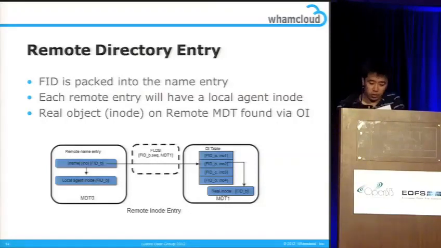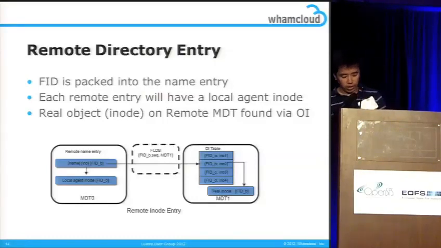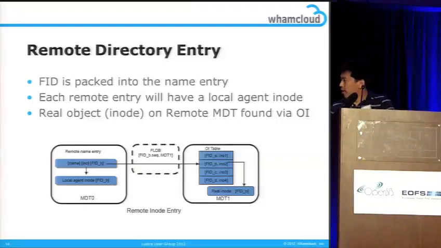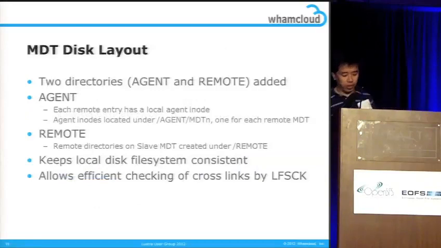In the graph is MDT1, and on the remote MDT, the object can be found by OI tables through the FID, and each remote entry has a local agent inode. So there are two actual directories added to the MDT disk. One is the agent directory, the other one is the remote directory.